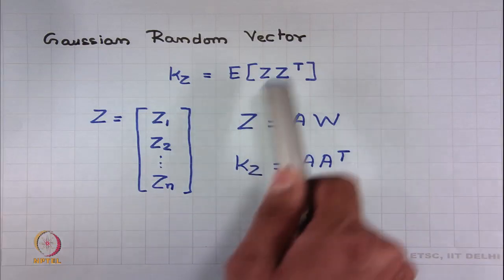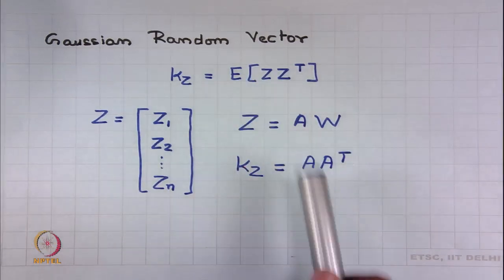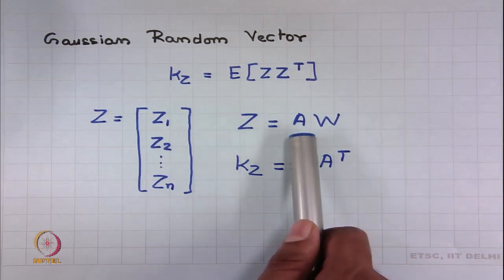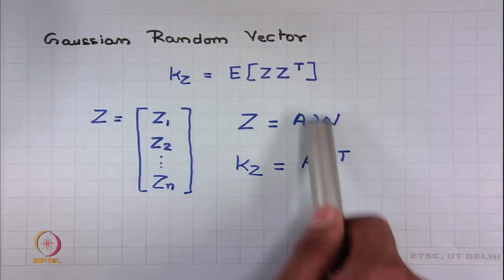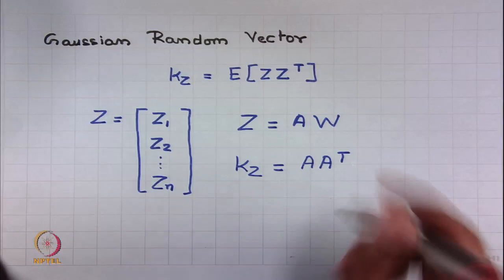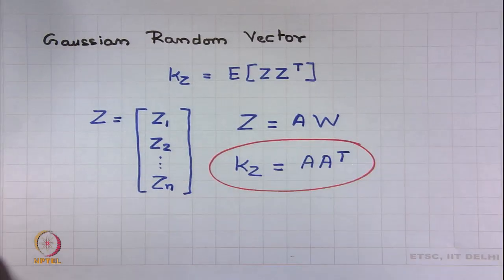We have also shown that this is nothing but A into A transpose, and what is A? A is the matrix with which we were multiplying this vector W to get vector Z. So, this is one idea that we will also use, that the covariance of a Gaussian random vector is nothing but A into A transpose.